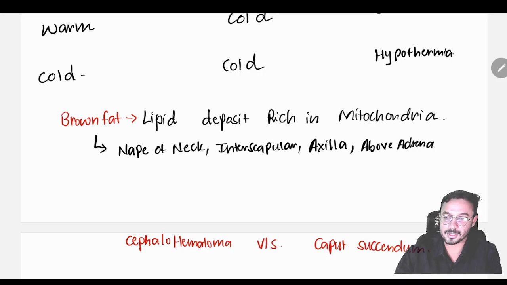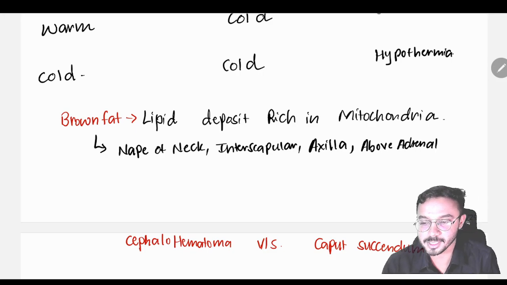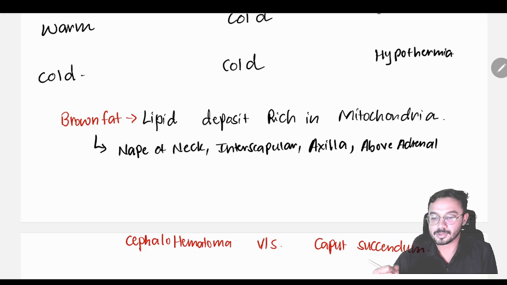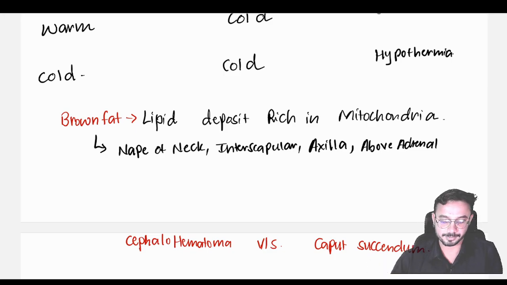So this is the location where the brown fat is present. And newborns do not shiver because they have this brown fat. Non-shivering thermogenesis is present in the newborns.